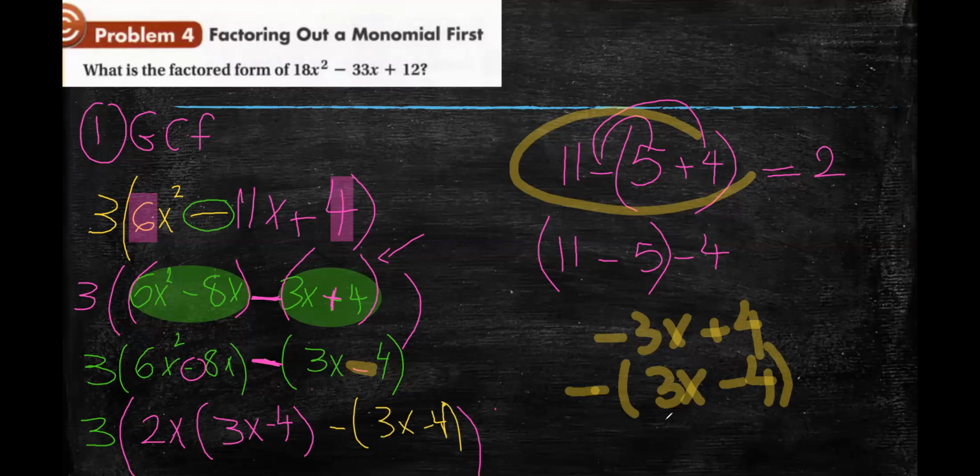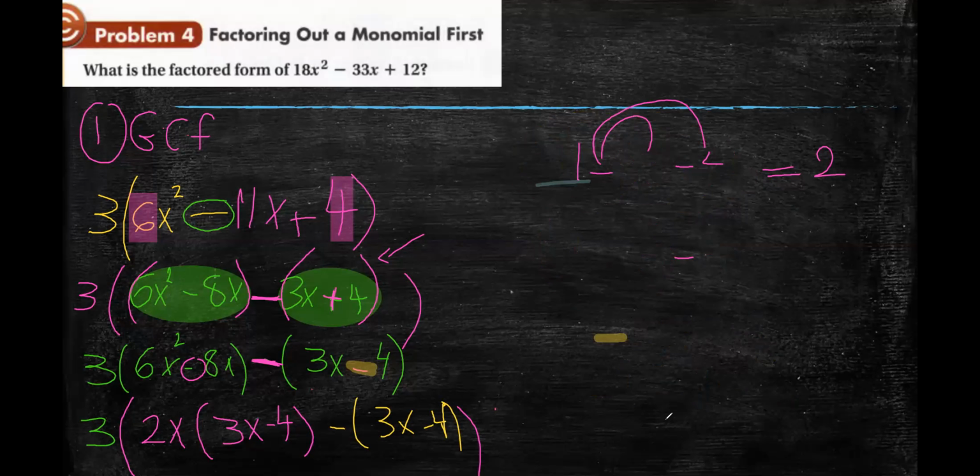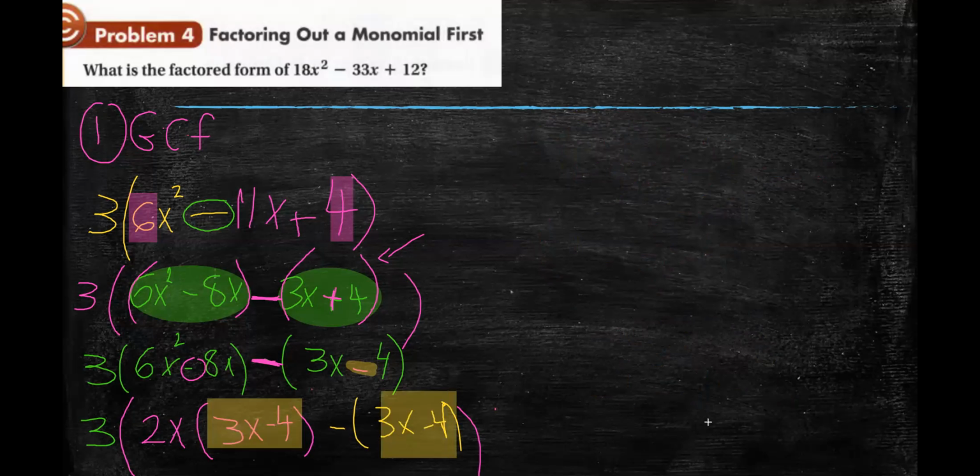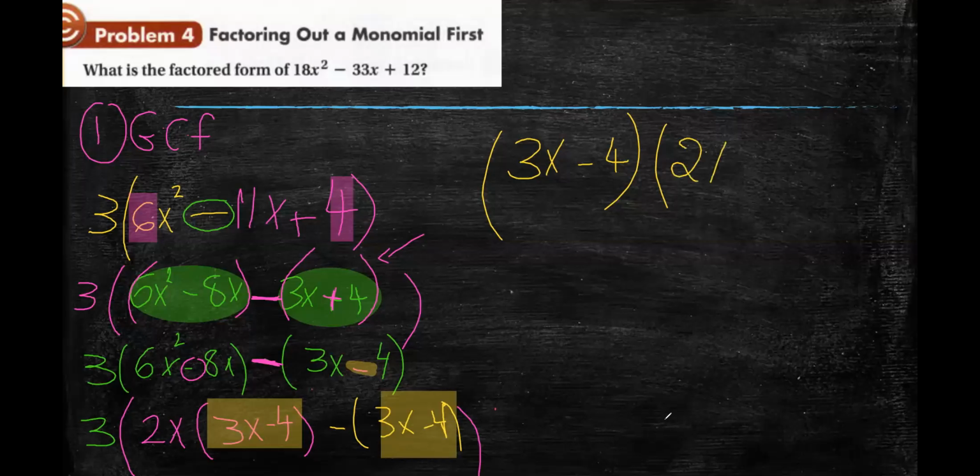Now then, if you remove the 3x minus 4, or if you take them as a common factor, what will remain? 2x minus what? 2x minus 1. I told you here there's a hidden 1.